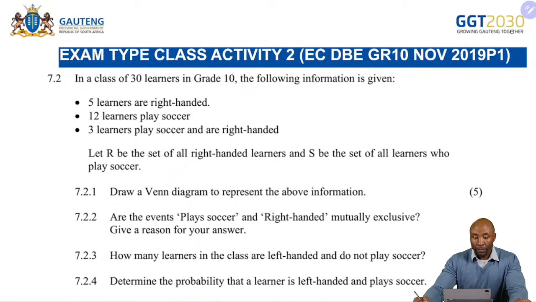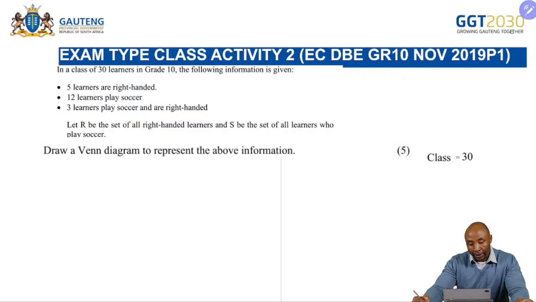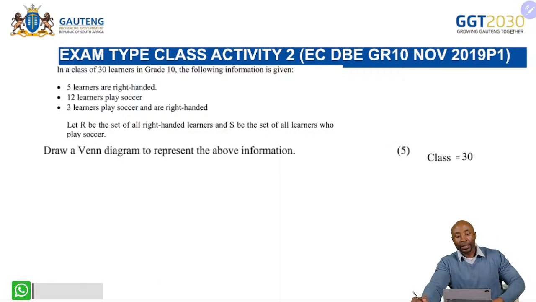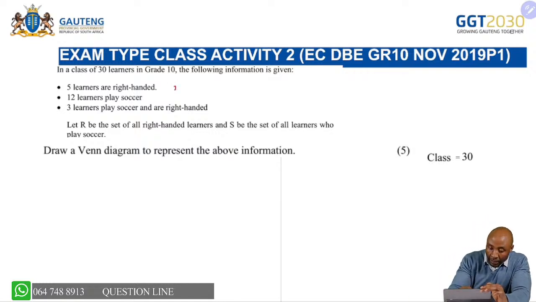Welcome back. I hope you had a good time doing this question. Now, let's check. We are given our information there. It says 30 learners in grade 10. So we are able to say R represents right-handed.